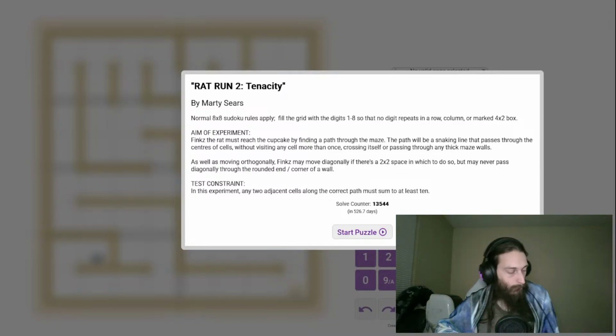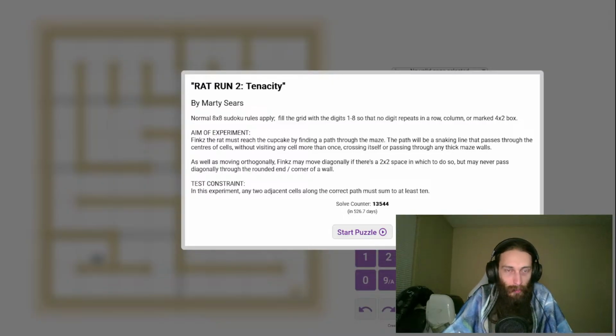Alright, puzzle number 3 for today is going to be Rat Run 2 Tenacity by Marty Sears. Normal 8x8 Sudoku rules apply. Fill the grid with the digits 1 through 8 so that no digit repeats in a row, column, or marked 4x2 box. Aim of experiment. Finks the rat must reach the cupcake by finding a path through the maze.